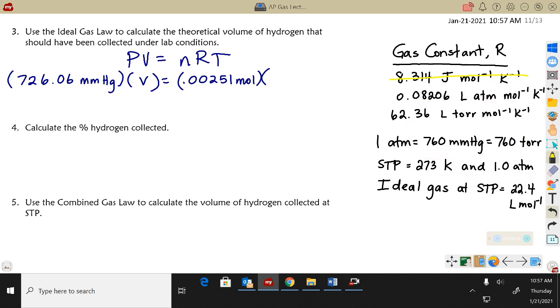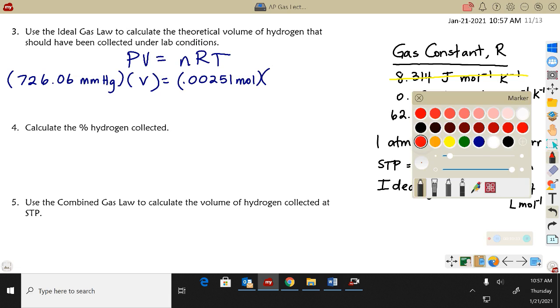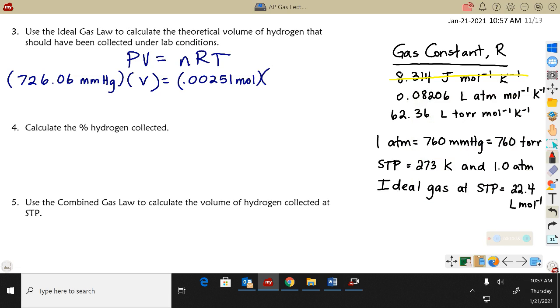Which you're like, but it says it's a gas constant. Not this one yet. Eventually we'll use it, but not with PV = nRT. We'll use it with a different equation. So don't use the one with joules. We're going to use that when we get to some thermochemistry, thermodynamics, but not joules now.